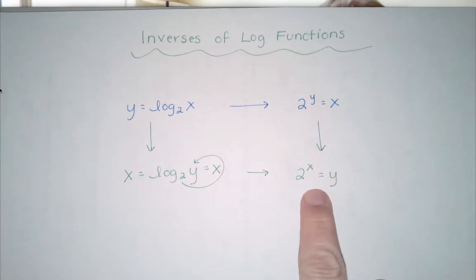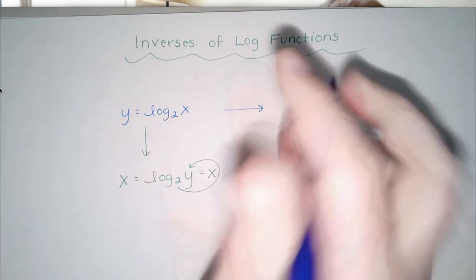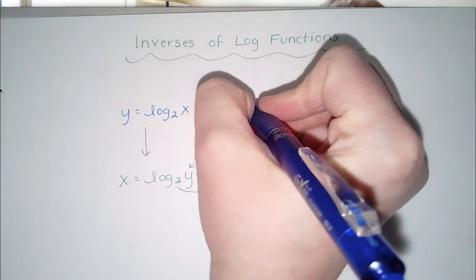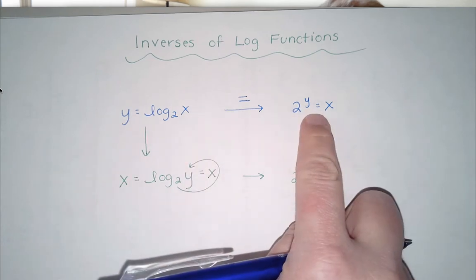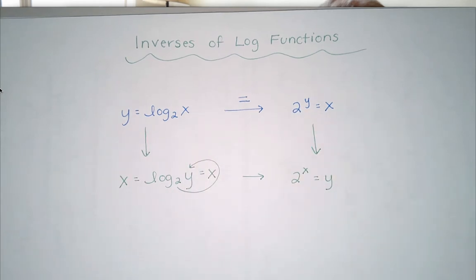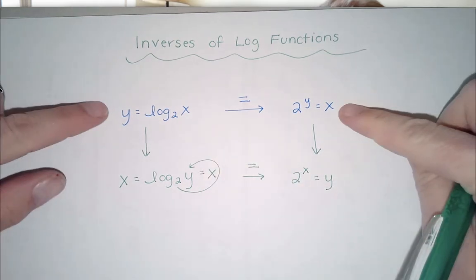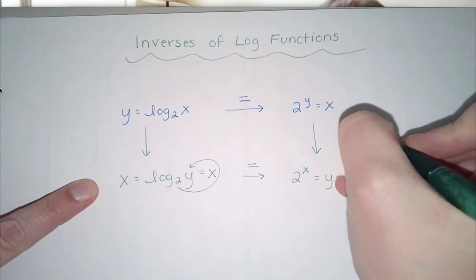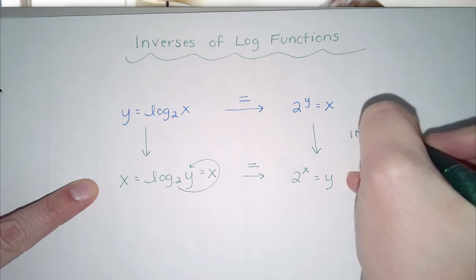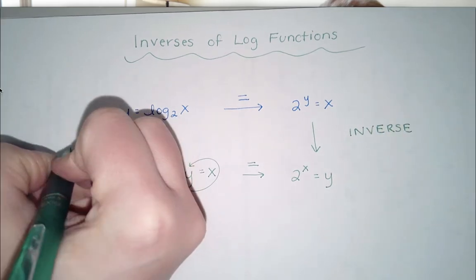I know I've got a lot going on here, like 4 different functions wandering around. So just to clarify, these two up on the top are equivalent to each other. They are exactly the same thing, one in log form and one in exponential form. Down here, same thing: these two green ones are equal to each other. And from here to here, this was me finding the inverse, where I switched the x and the y around. Same thing over here, inverse.